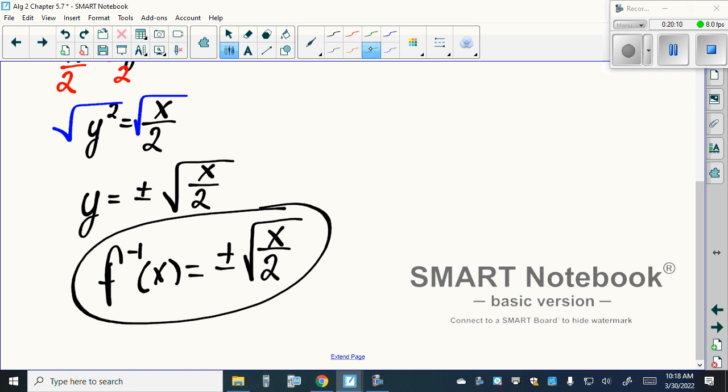Any questions on this here? Now we still need to find the input when the output is, I believe, positive 2. So we're finding f inverse of 2, which is equal to plus or minus the square root of 2 over 2.